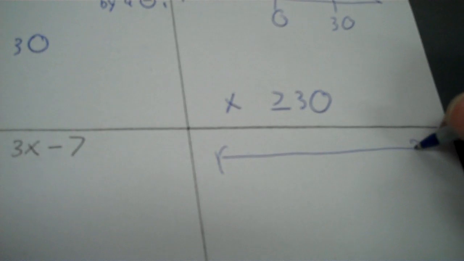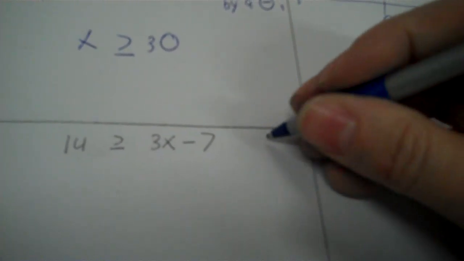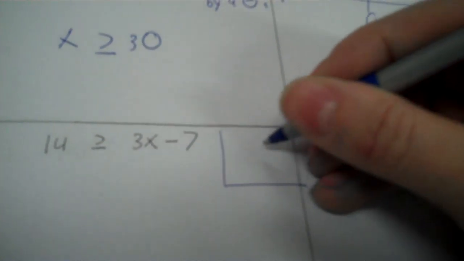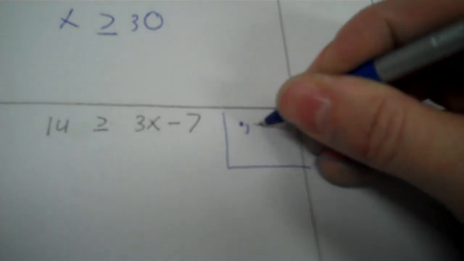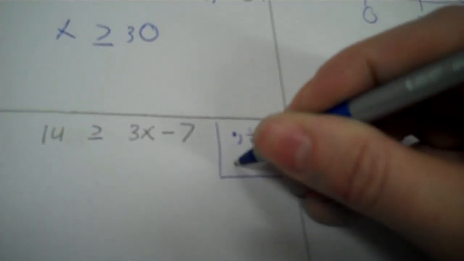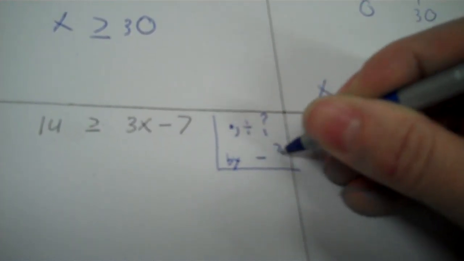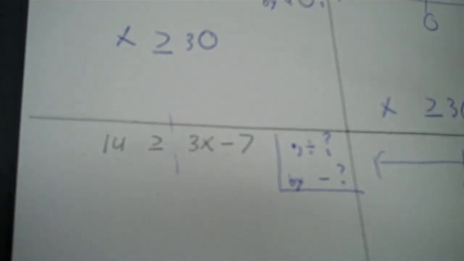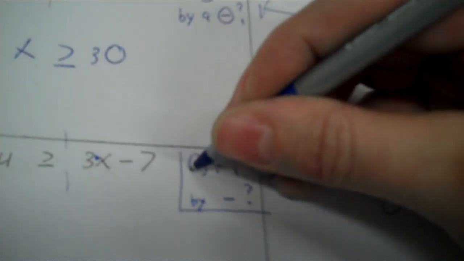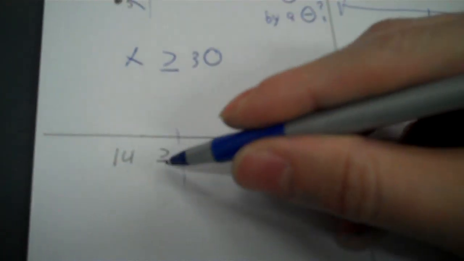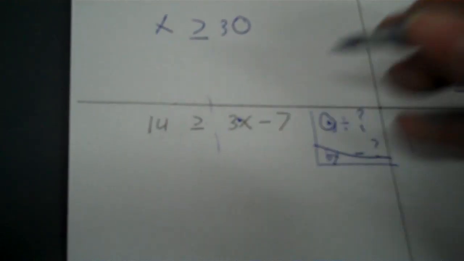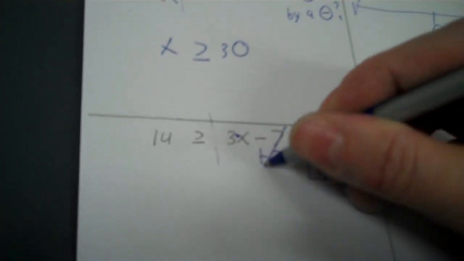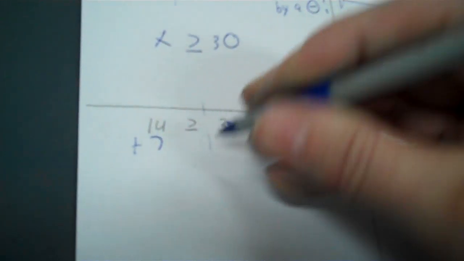Okay, next problem. So I'll make a little box here. I'm going to start doing that, okay? Times, divide, question mark, and by a negative, question mark. Okay, here's your x. You got minus 7 and times 3. So you got times. Is it by a negative? Nope. Okay, so we don't need to flip the sign. So the opposite of minus 7 would be plus 7. Now remember to line the sign up.